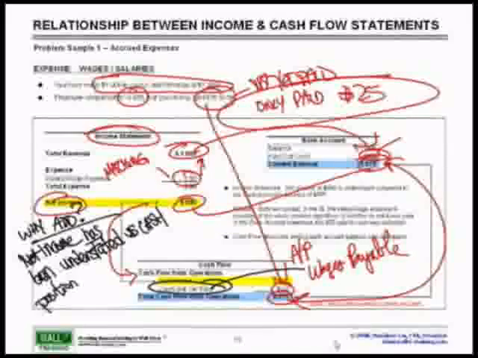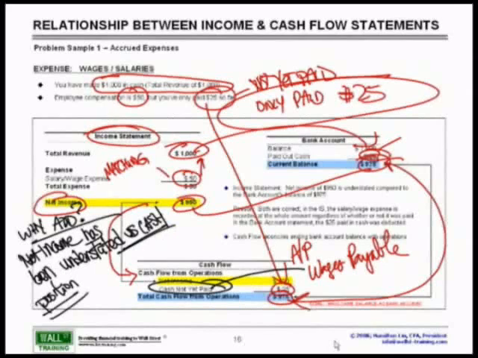Very simply, because I've deducted the full $50 of this expense and therefore lowered my net income. However, from the cash perspective, I did not pay the entire $50, only $25. So I added back because net income has been understated versus my cash position. And therefore, that is the reason why I add it back.